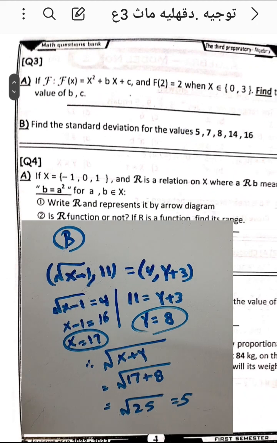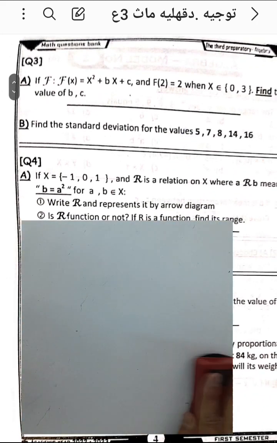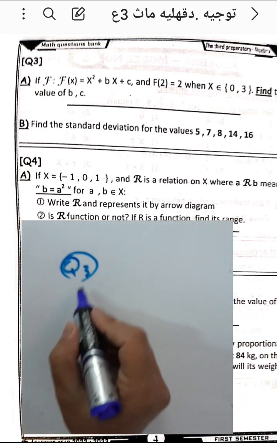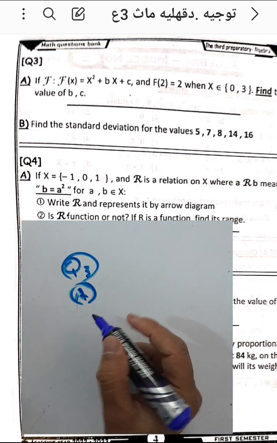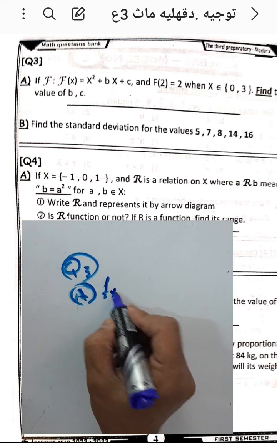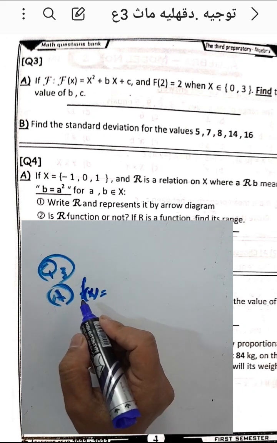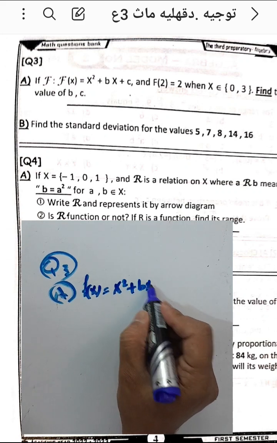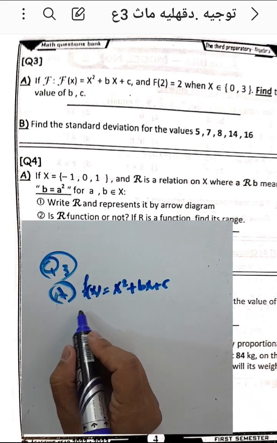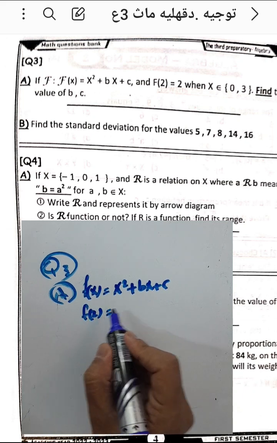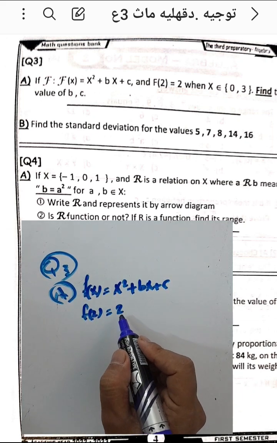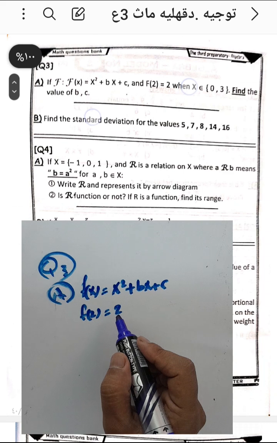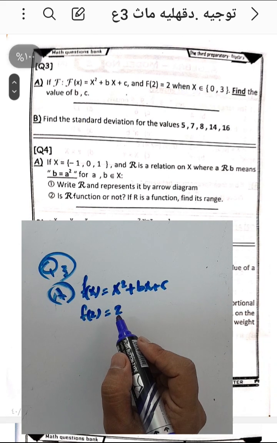Question number 3. Letter A: if f of x equals x power 2 plus bx plus constant c, and f of 2 was 3, when x belongs to the set 0 and 3, find the value of b and c.